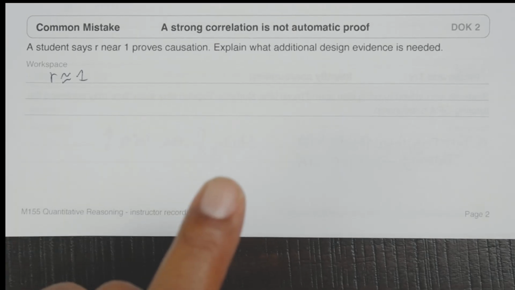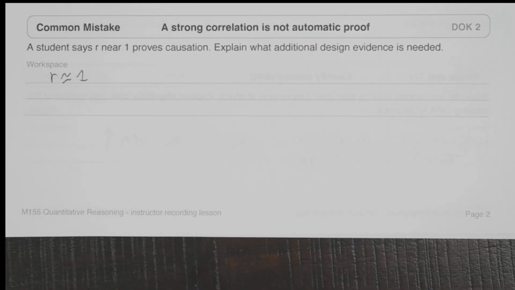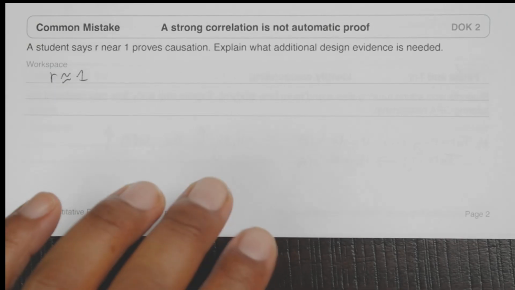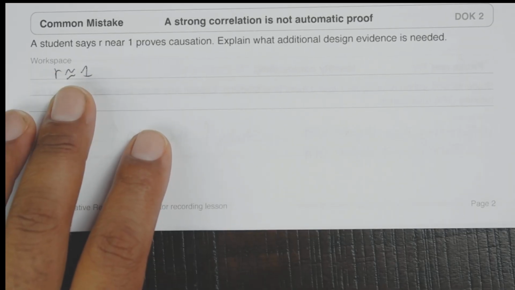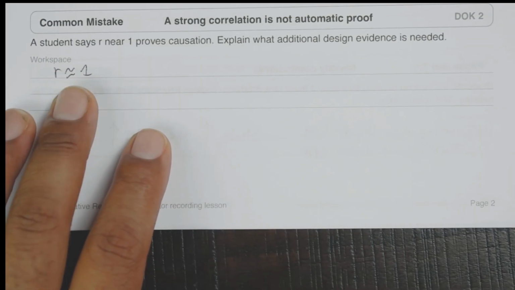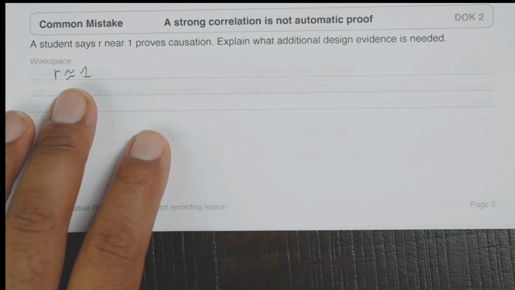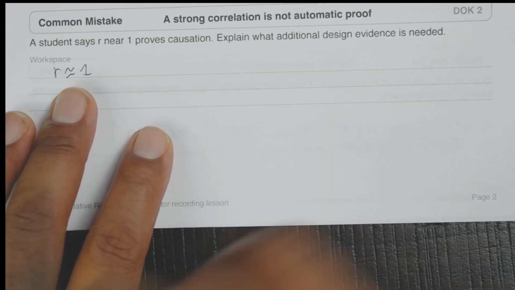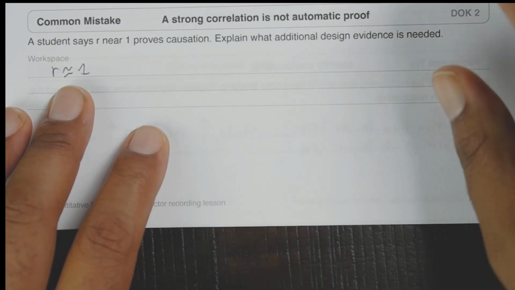But a strong correlation is not equivalent to proof of causation. We still need to examine the study design, the variables, the order, and all those sorts of things. So this does not necessarily prove causation.